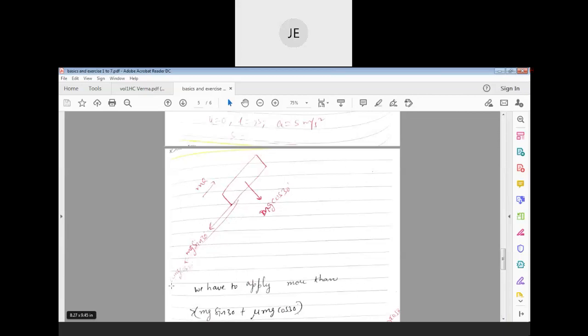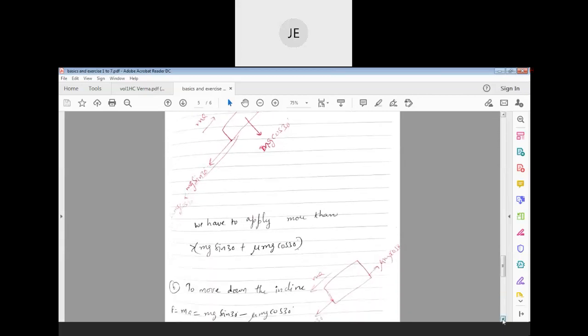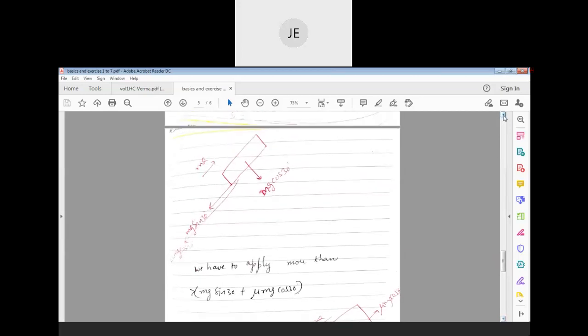So these two forces are acting downwards, and we have to apply more than that force so that the body will move upwards. So we have to apply more than mg sin 30 plus mu mg cos 30. Then the body moves upwards.